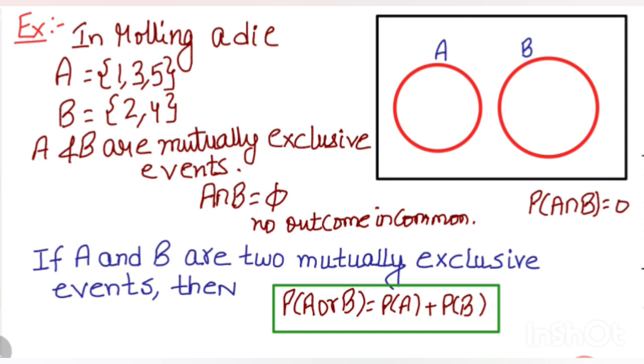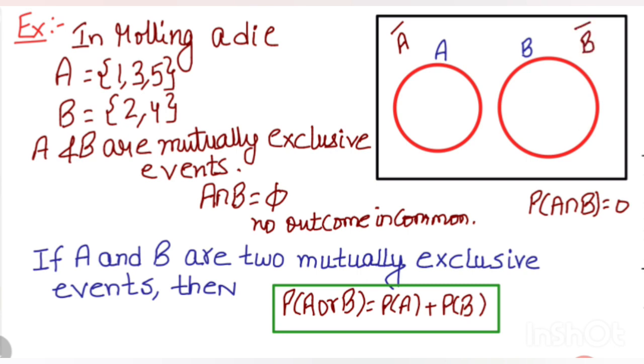Now let's understand this diagram. Suppose this is event A, this is event B. As is clearly shown here, events A and B do not share any outcome in common. Now suppose this is event A, so outside this event is A bar, the complement of A. Again, this is event B, so outside this event is B bar.